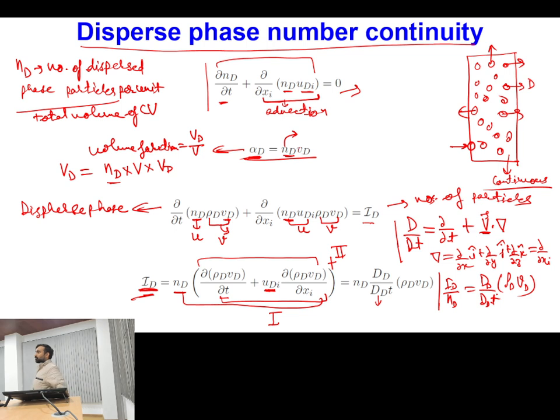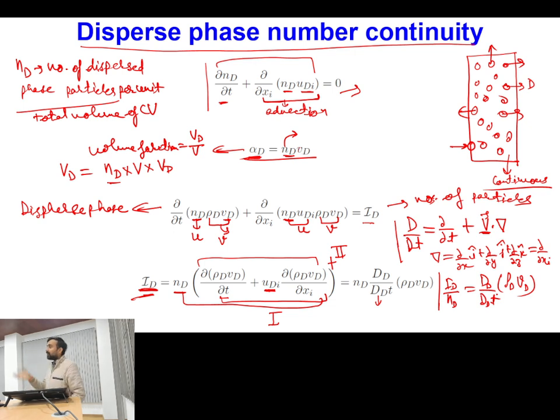So the mass interaction of a dispersed phase, per unit number of particles of dispersed phase present in unit control volume, is nothing but equal to the Lagrangian derivative, which simply represents the total rate of change of mass of the dispersed phase within the control volume.